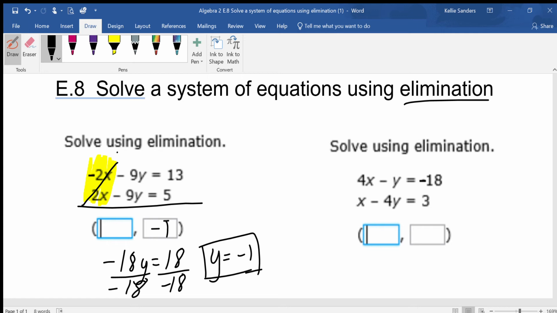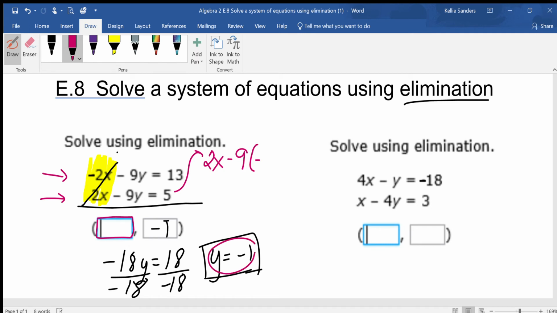So then I still need to find x. So I'm either going to use this equation or this one. You just choose. One works just as good as the other one. I'll use the bottom one. 2x minus 9y. But instead of putting y, I know what y is.